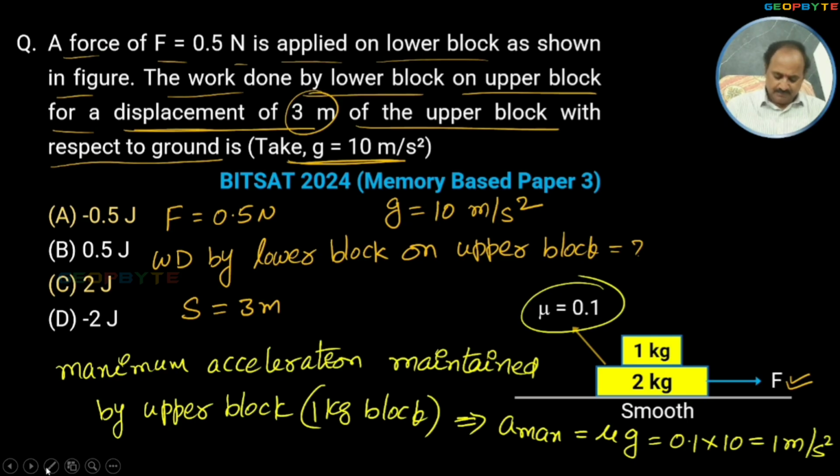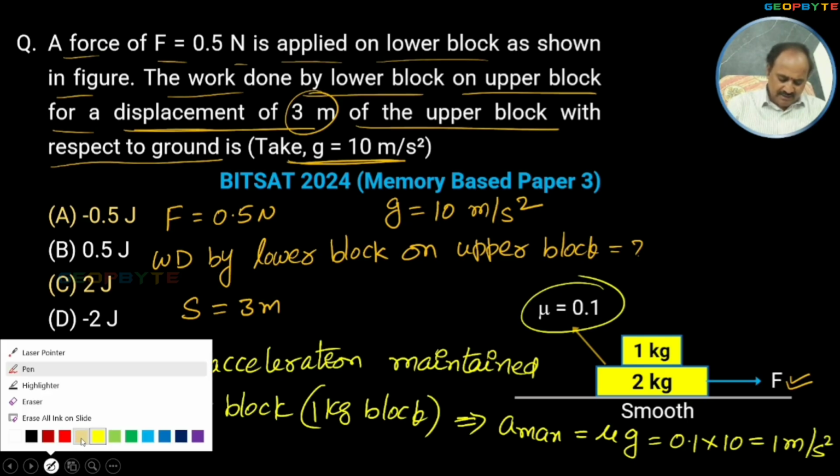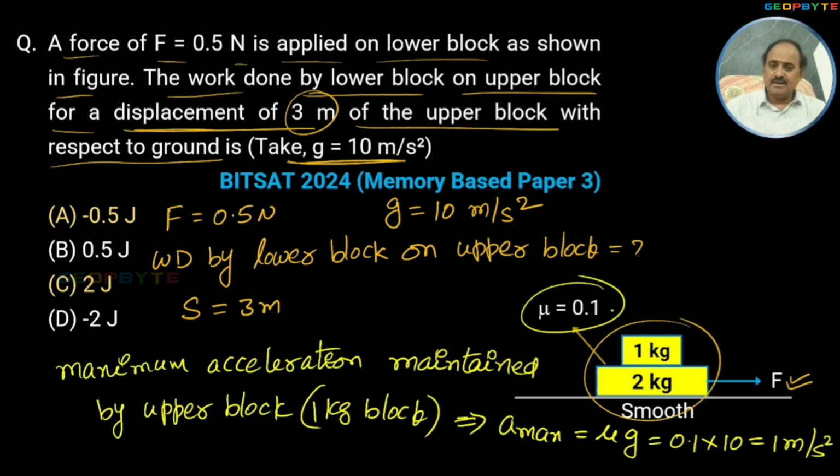Now let us decide the common acceleration maintained by the combined system when there is no relative motion between the upper block and the lower block. Listen carefully, I am trying to explain each and every point.